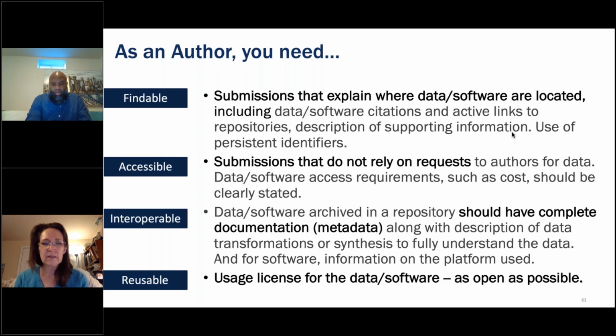Have I provided persistent identifiers? These are commonly a digital object identifier, but they may be something else, and that's perfectly okay. And I don't want to be the only person who has access to this. You need to provide access through a third party, like a repository, such that someone else is not reliant on you providing that data or software.